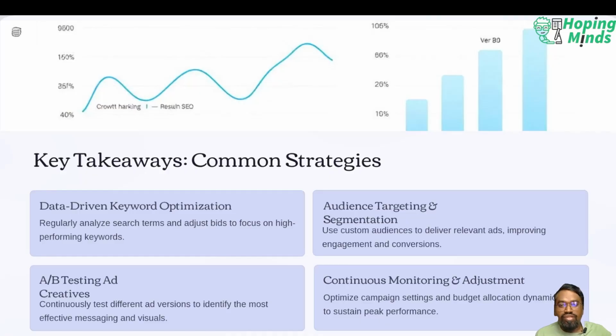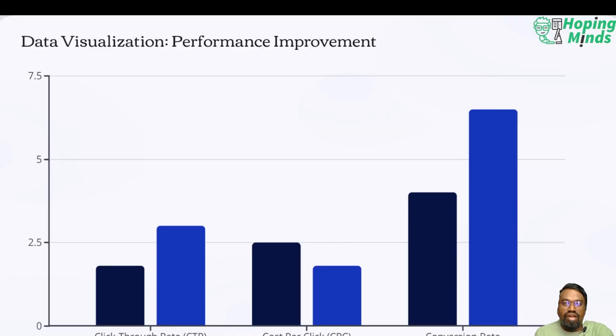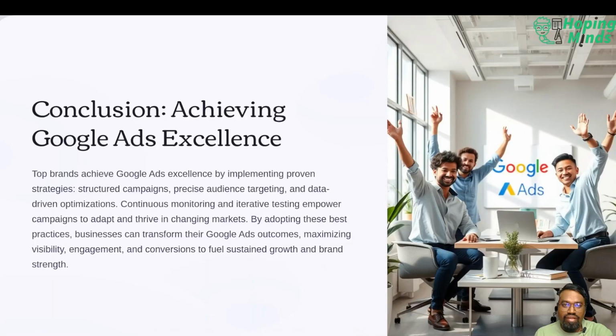So we need to make sure that we keep doing such things. Now if you see the data, it tells you the performance improvement. We have achieved a click through rate of more than 2.5, and then CPC has gone down, right? And then the conversions have gone up, right?